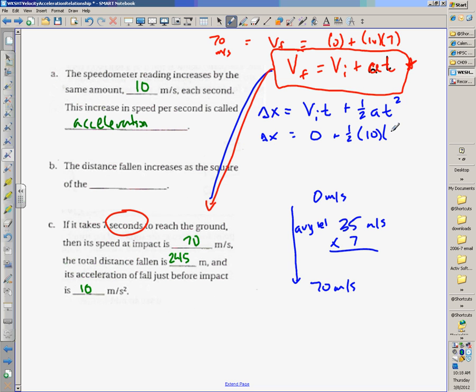Now the time is whatever time we want. But if we take it to the problem down here, what time were they asking for in C? 7 seconds. You square 7, you get 49. You multiply it by 10, you get 490. You multiply that by 1/2, and you guess what you'll get? 245. It's the total distance.